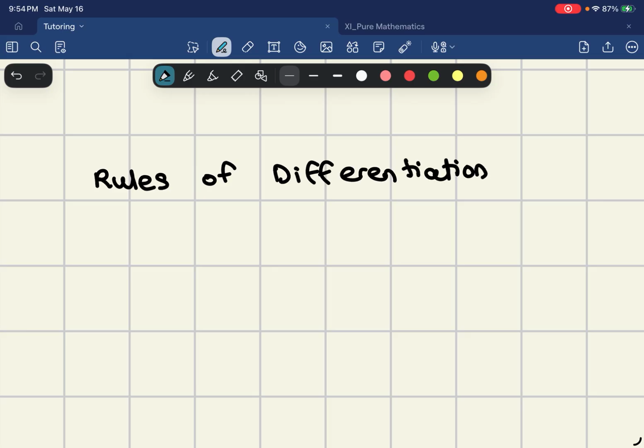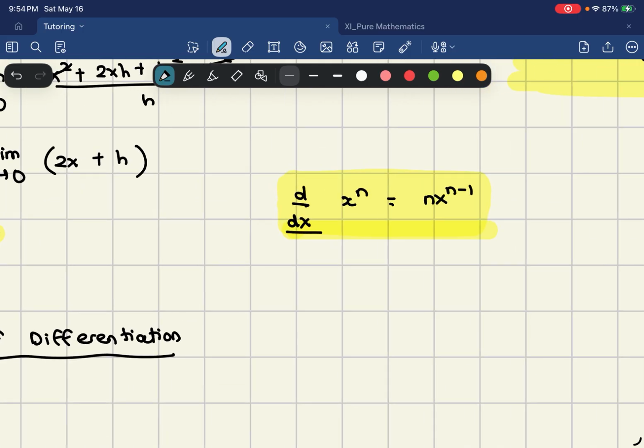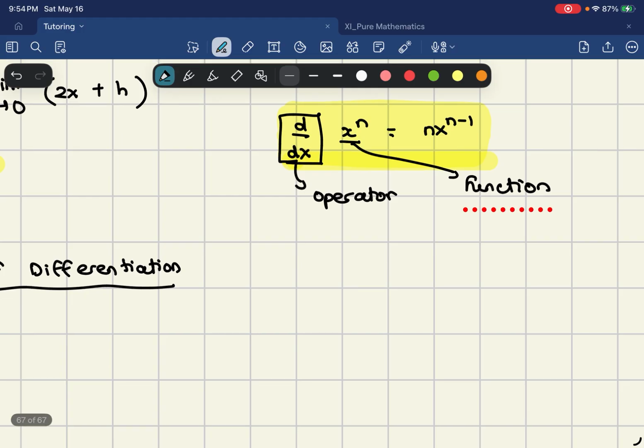So instead of writing it the way I did before, the expression that I have written here is an operator. Like plus, minus, multiply, this means take the derivative of x to the power n. So this is our function, or basically our y value, but this operator takes the derivative of the function.